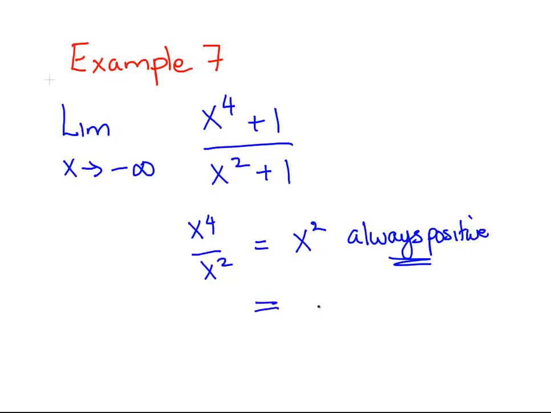So the limit for this one is plus infinity. So just be mindful, again, to look at the dominant terms and focus on them specifically. Be careful, think it through and isolate it down to a term like this. Okay, I'm going to come back to this in another video.